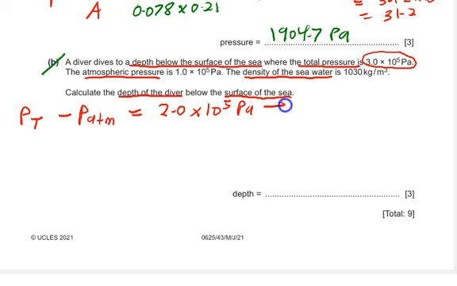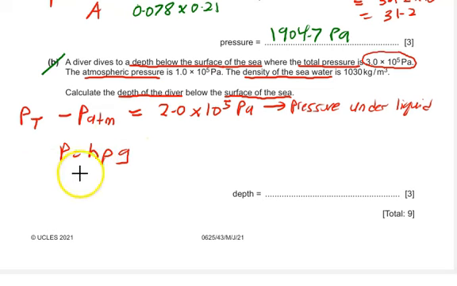This is the pressure under the liquid. For the pressure under liquid, you have to use this formula, h rho g. Here the depth will be the h, so we solve for h. The density of the seawater is 1030, multiplied with g, which is 10, and we just have to divide this.